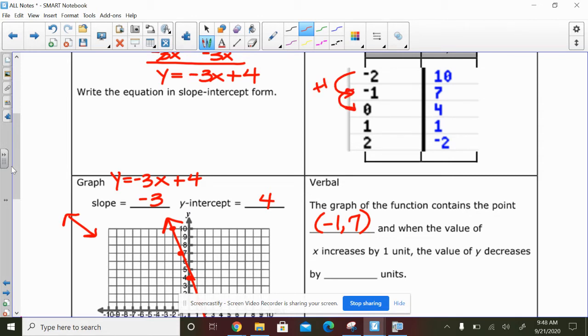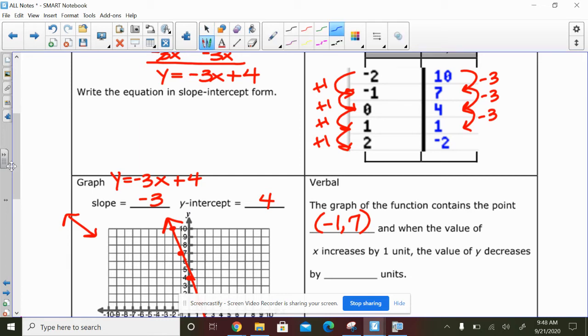From here to here, adding 1. All the way down. So I'm adding 1 on this side. Over here, to get from 10 to 7, I'm subtracting 3. 7 to 4, I'm subtracting 3. 4 to 1, I'm subtracting 3. And so forth. So this is what makes that slope. Okay, so it makes it negative 3.